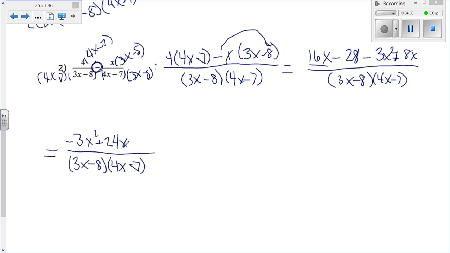And then I'm left with a negative 28. And the good news is, when I tried to factor this, I couldn't factor it, so we're all set. I did 3 times 28, and I got 84, and there were no factors of 84 that either added or subtracted to 24, so I was all good.